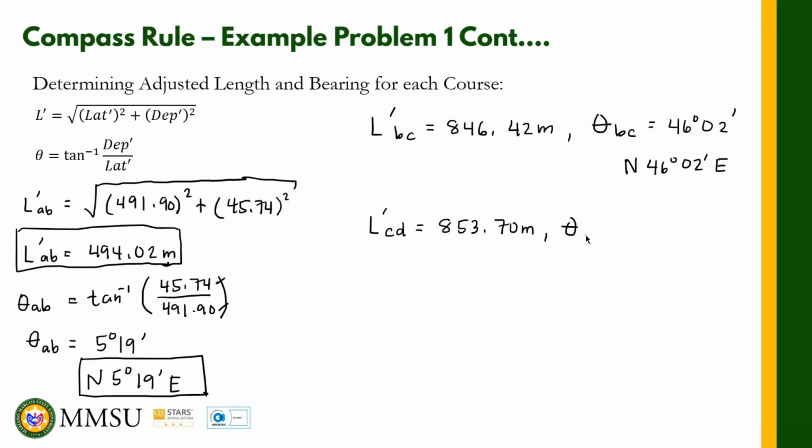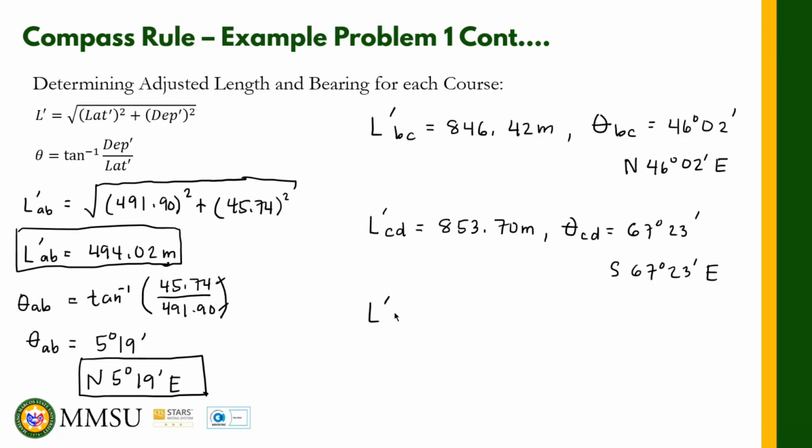And the theta for CD is equal to 67 degrees 23 minutes. Okay? Yung latitude niya ay negative, yung departure niya ay positive. So it's southeast. Okay? So south, 67 degrees 23 minutes east.